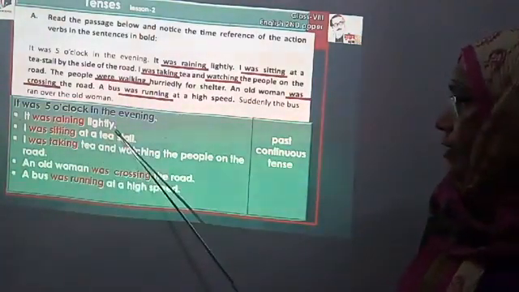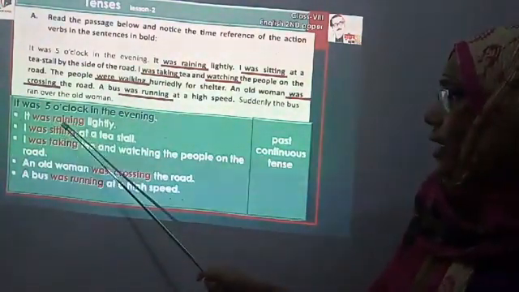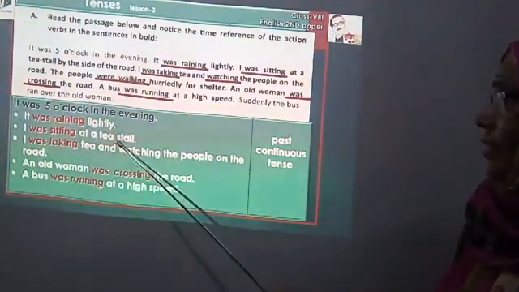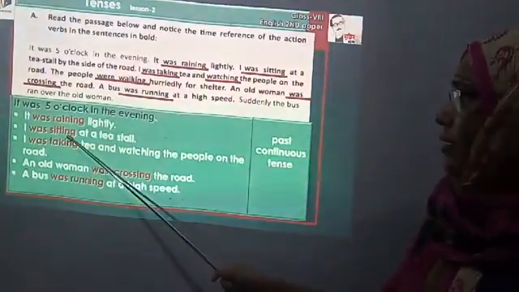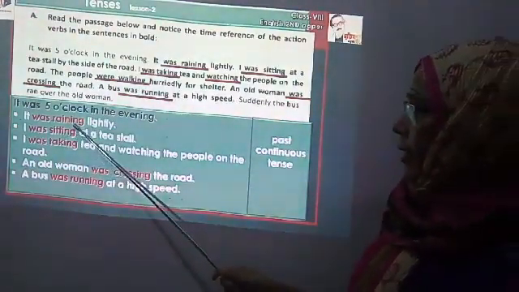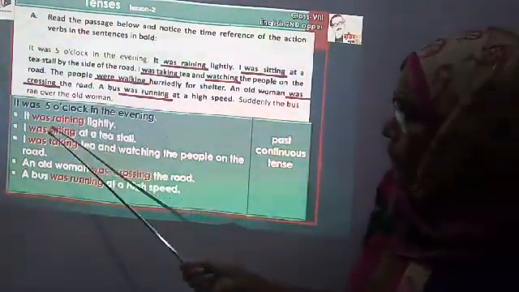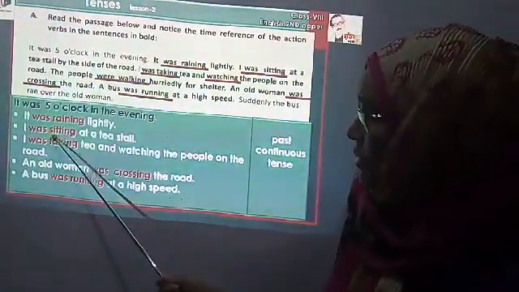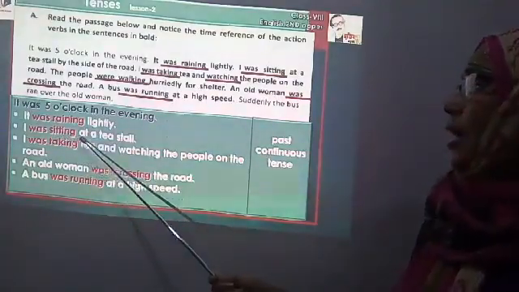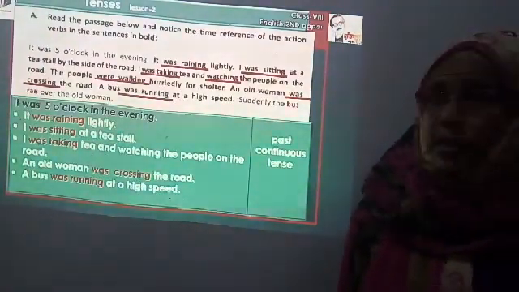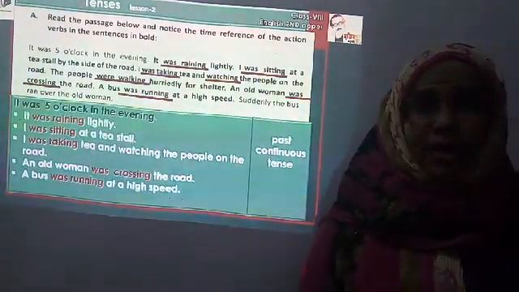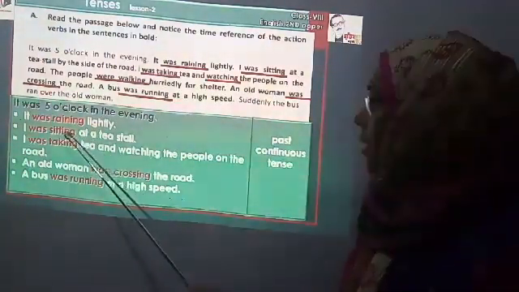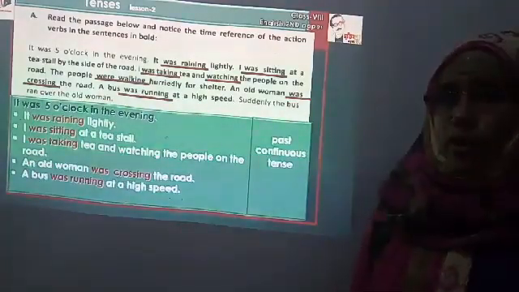It was raining lightly. Was, that verb will take ing. I was sitting at a tea stall. Was, then the verb takes here ing. Here, have you noticed, students, the spelling is sitting? But if you write the word sit, only one t, but here t is double, two t's.